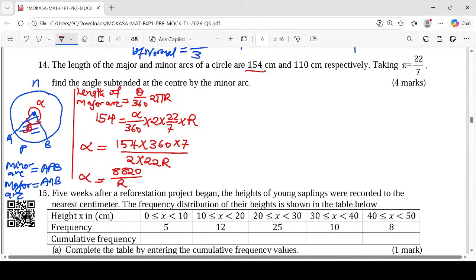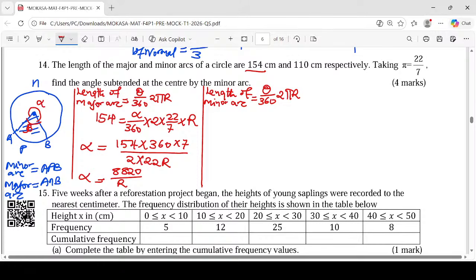After getting it that way, ladies and gentlemen, let's also calculate the length of the minor arc. The length of the minor arc is given by, remember, length of an arc is normally given by theta over 360 multiplied by 2 pi r.